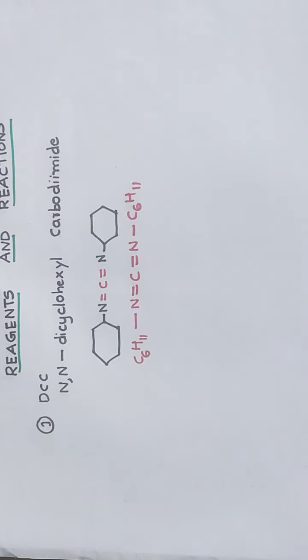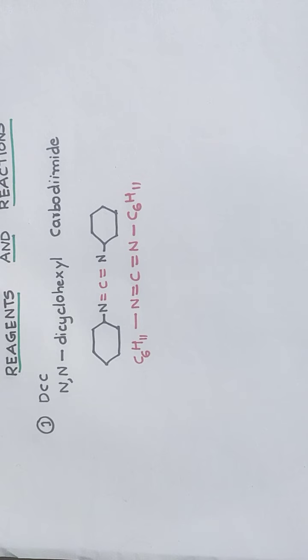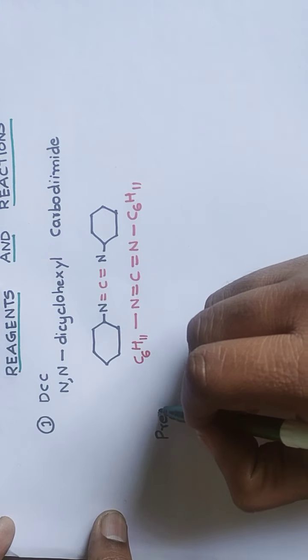First, let us see the preparation of DCC. DCC can be prepared by oxidation of N,N'-dicyclohexyl thiourea. So what is this N,N'-dicyclohexyl thiourea? Let us see.